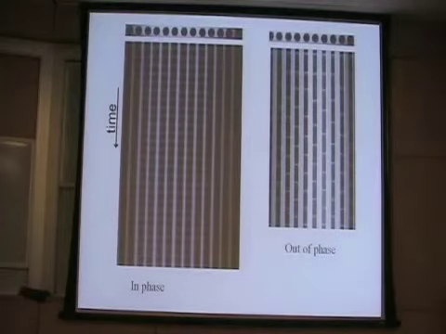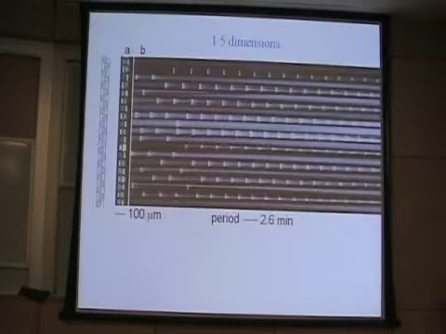But there's actually a dynamical state where they stay perfectly in phase for a long time. This is very hard to achieve. We've only got it once or twice, but it's much more common to get this anti-phase. So the phase space for this is much larger than the phase space for that. So there's at least two different dynamical states.